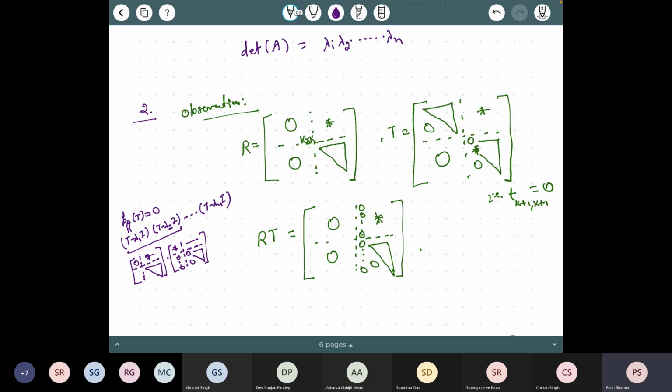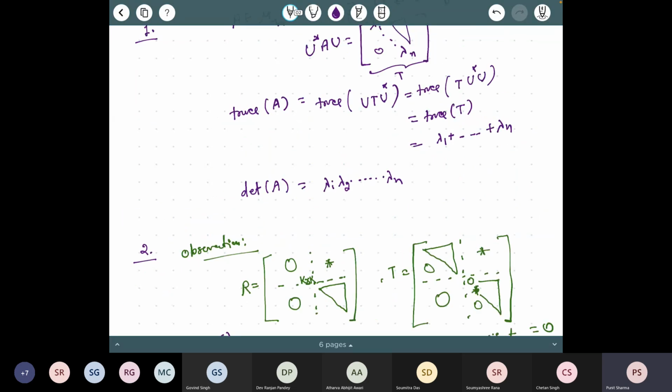Now you can see that this matrix is in the form of this R, and this is in the form of this T. So when I multiply these two, what will I get? The first two columns would be 0 after the multiplication, and then there would be some matrix here and an upper triangular matrix here.